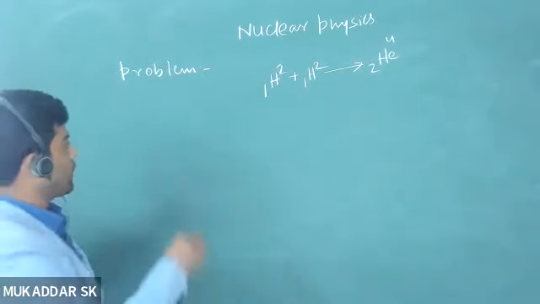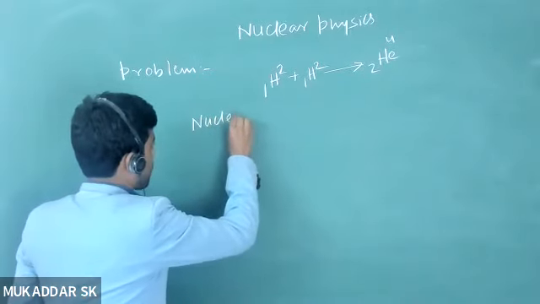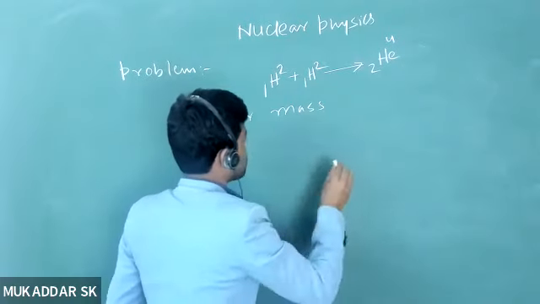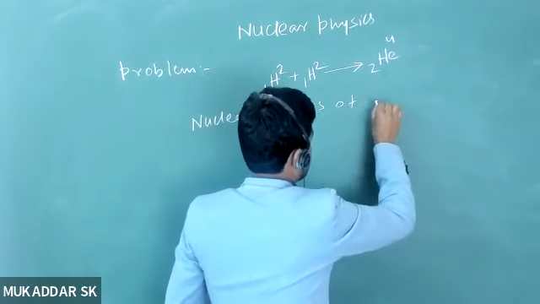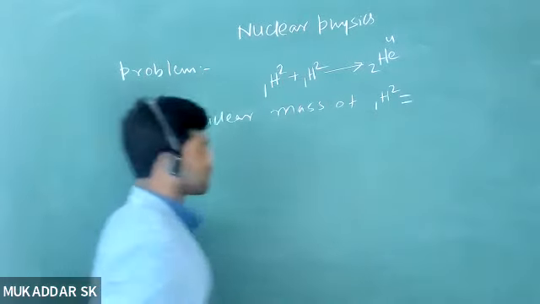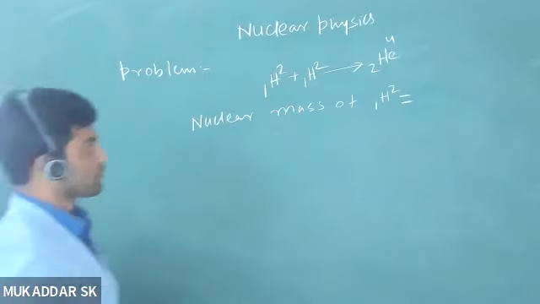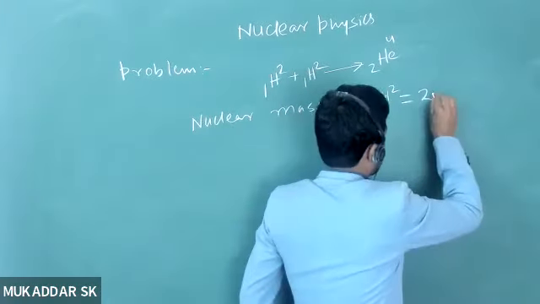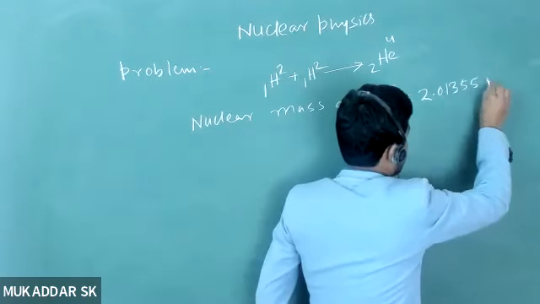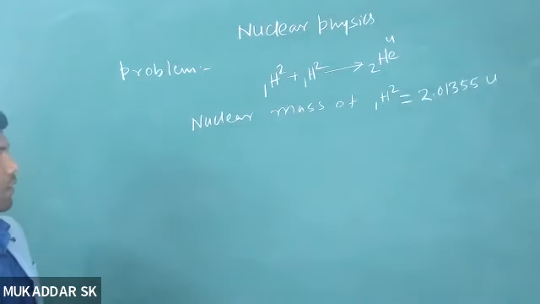It is given that the nuclear mass of a 1H2 nucleus is given as 2.01355 atomic mass unit, right?